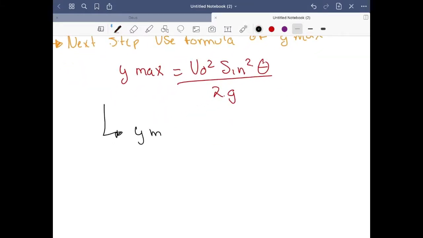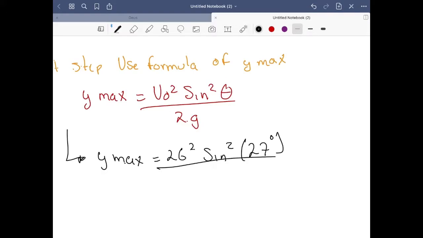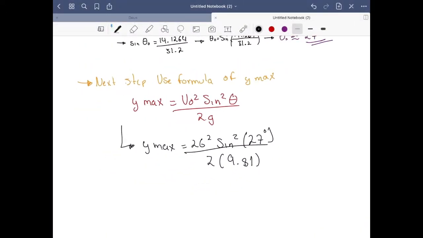We have all the data to clear the equation and get y max. After all of this, I use my calculator, and I got that y max is equal to 7.10 meters.